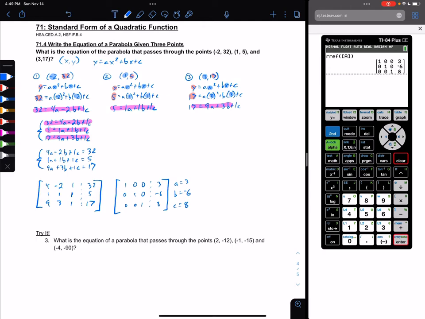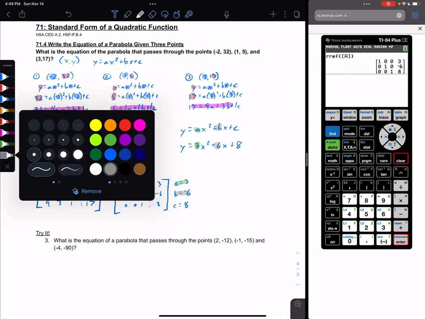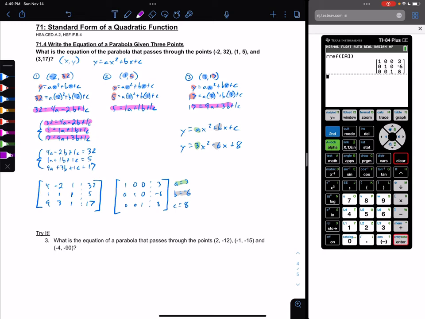They asked us for an equation, so my equation is going to be in standard form, right? This is the standard form section. So what I can do is plug in my values from a, b, and c from my matrix. So a is 3, b is -6, and c is 8 in this case.